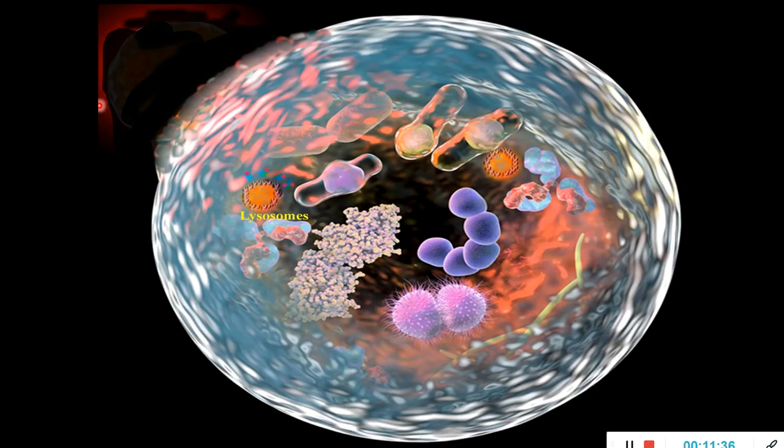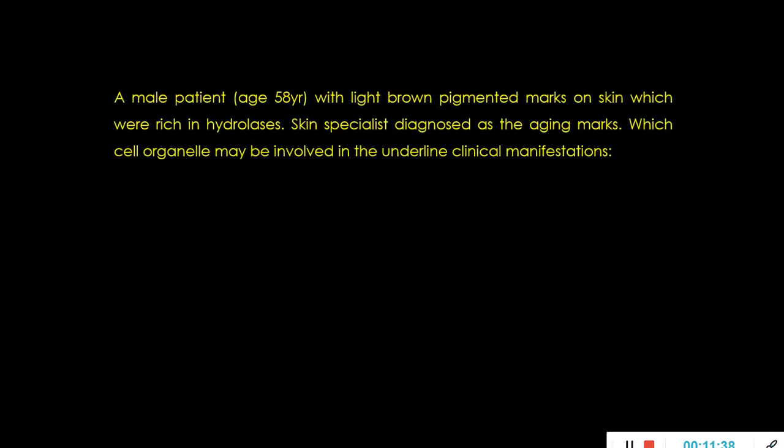So now we see a couple of MCQs. Number one MCQ: a male patient, age 58 years, has light brown pigmented marks on the skin which were rich in hydrolases. The skin specialist or dermatologist diagnosed them as aging marks. Which cell organelle may be involved in the underlying clinical manifestation?